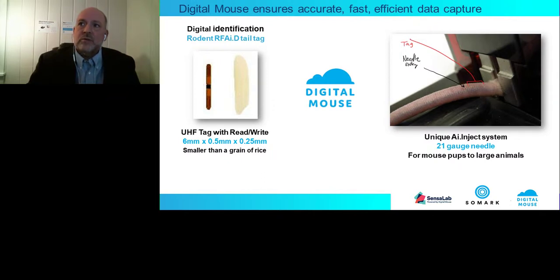At Somark, we have developed the world's first ultra-high frequency animal tag. This provides preclinical in vivo research a digital method of identification that is low cost, more humane for the animal, and most importantly, is interoperable with other RAIN RFID tags that can be used with cage cards, samples, and lab instrument asset tracking.